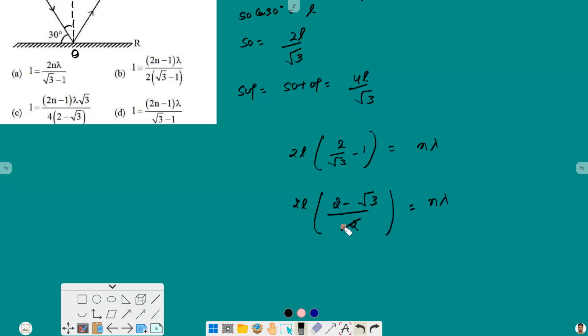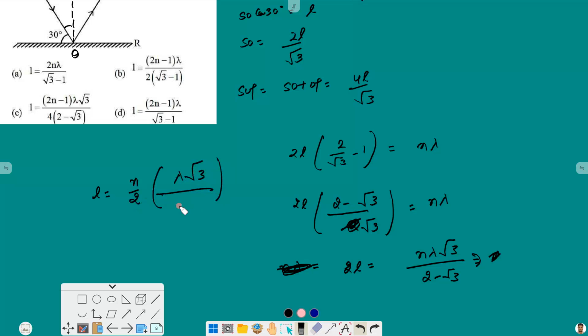Sorry, this is root 3. So from this n lambda, we have to calculate L. So 2L is equal to n lambda root 3 divided by 2 minus root 3, and you can say L will be equal to n by 2 into lambda root 3 divided by 2 minus root 3.